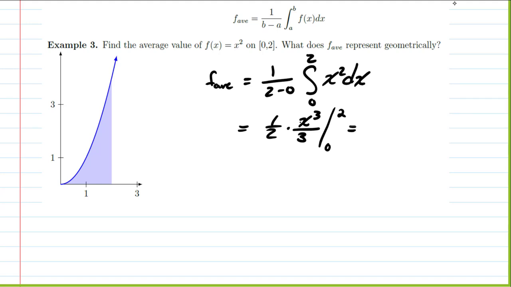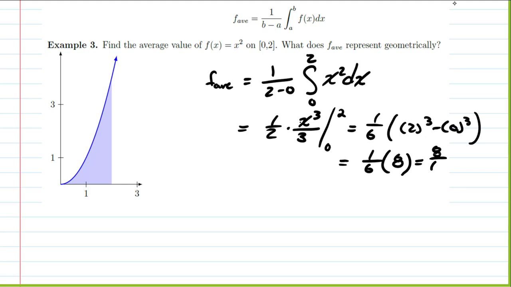So that's going to be 1/6 times 2 cubed minus 0 cubed, giving us 1/6 times 8. So 8/6, or if you use your calculator, you can get the same thing, 4/3.